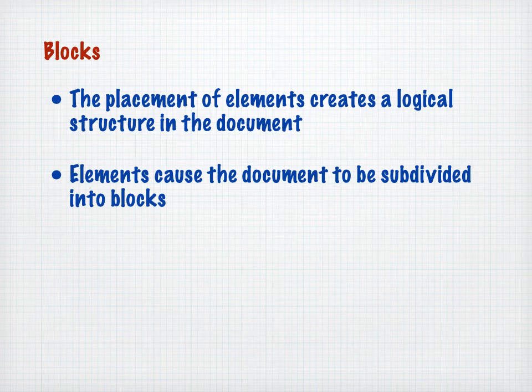And as well as providing a logical structure down the document, what we're really doing is dividing the document into these blocks, these block elements. And you can visualize them as being sort of invisible squares, invisible blocks.